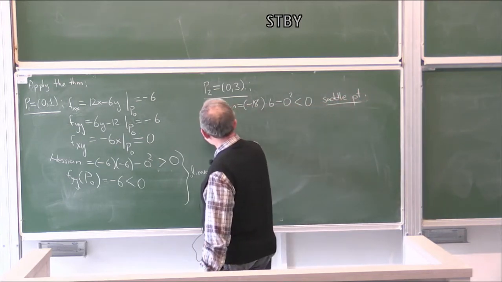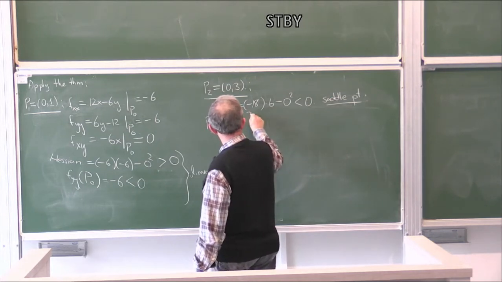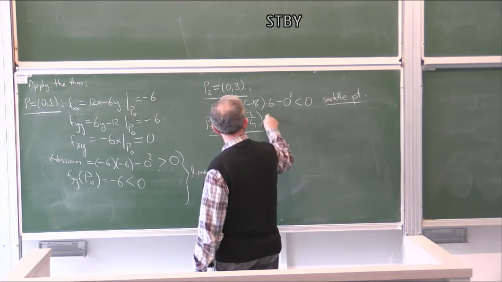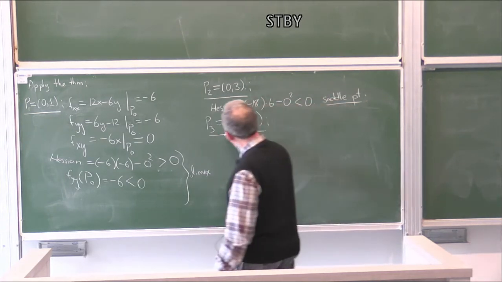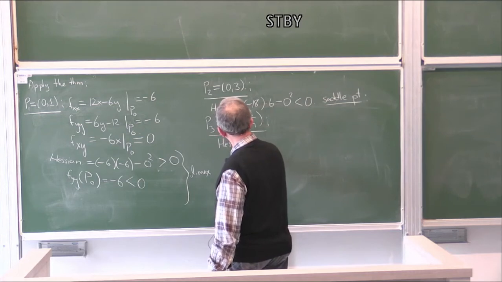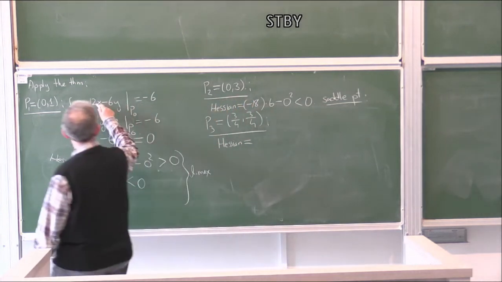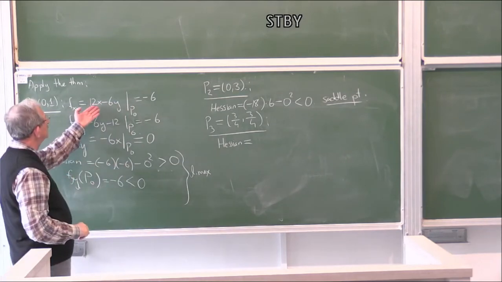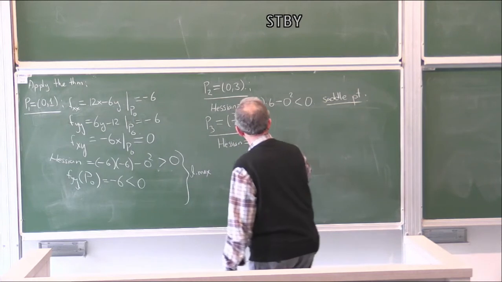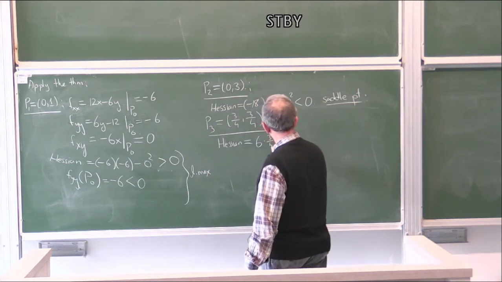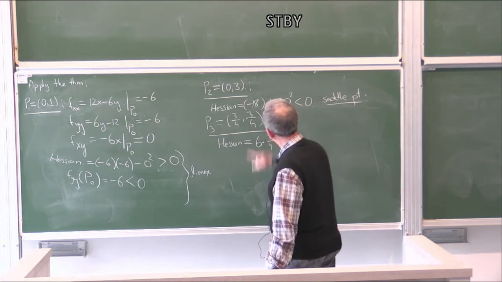At P3, which is 3/4 and 3/4, that is x is equal to y, the Hessian can be calculated because x and y are equal now. It's simply 6y times, these are all products, right?